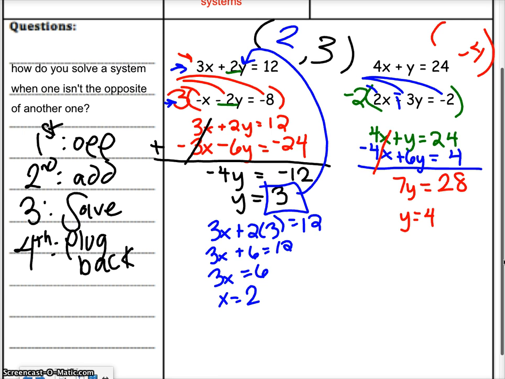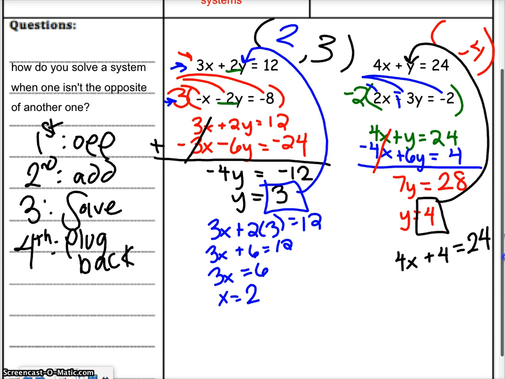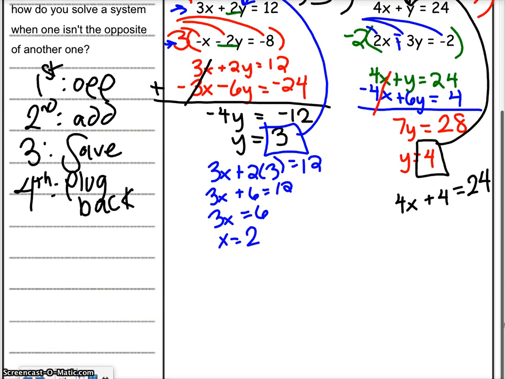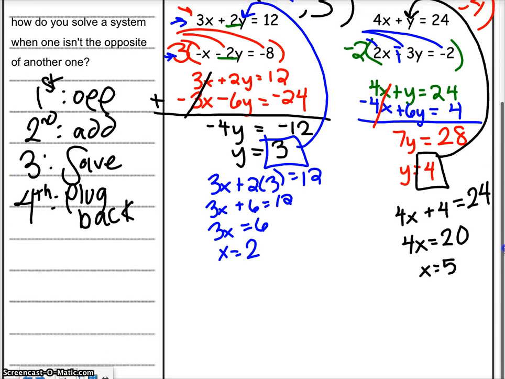So now you pick an equation. I'm going to go ahead and bring it to the top because there's no negatives. So 4x plus 4 is 24. Take 4 away. 4x is 20. X is 5.